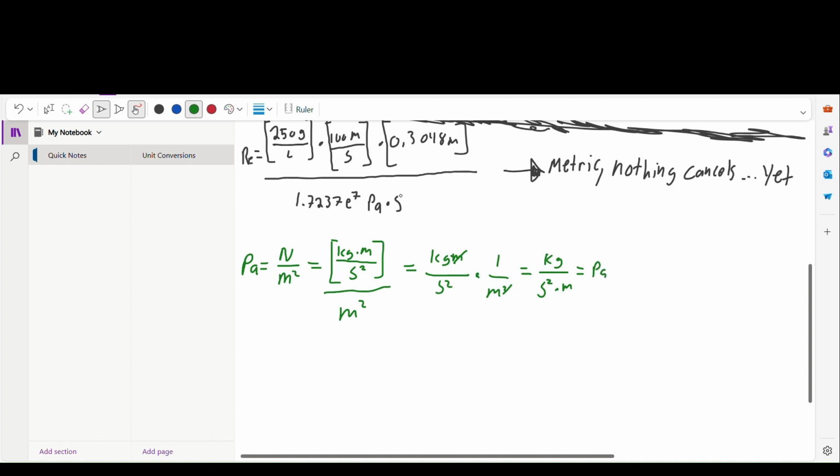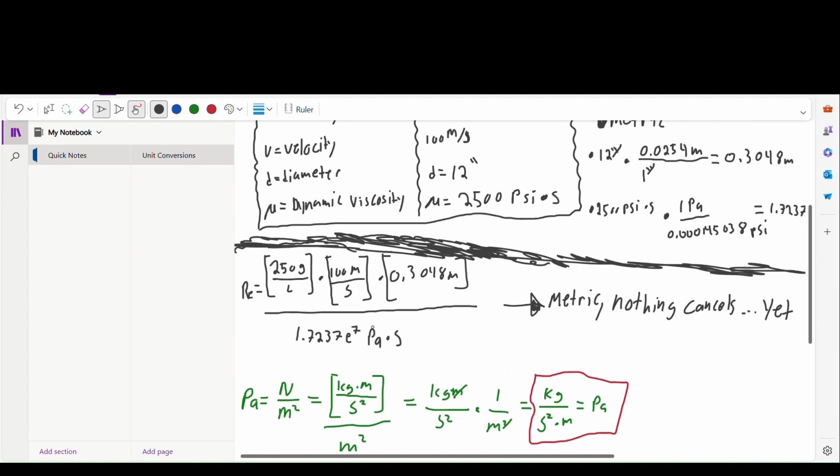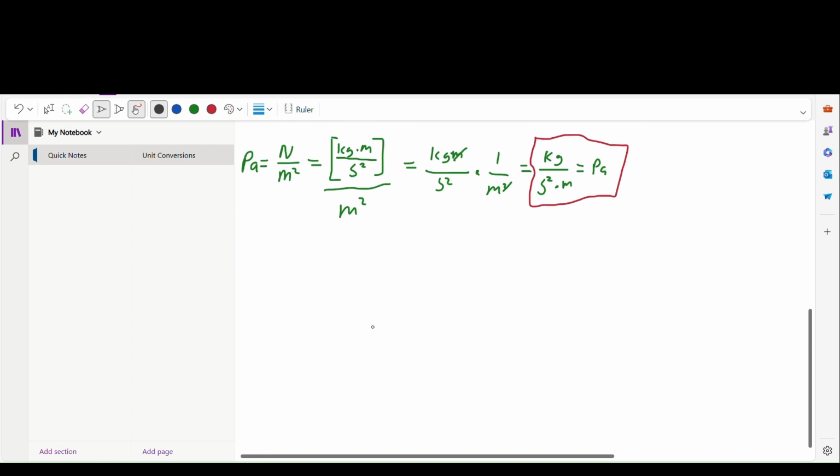That's a pascal. This right here is one of the fundamental identities we're going to use to get this thing to be unitless, because I said at the very beginning of this, don't forget, your Reynolds is unitless. So we will go back to the green. Another thing that we will use here is a liter. A liter is equal to a decimeter cubed, which, if you remember, would equal a decimeter times a decimeter times a decimeter.